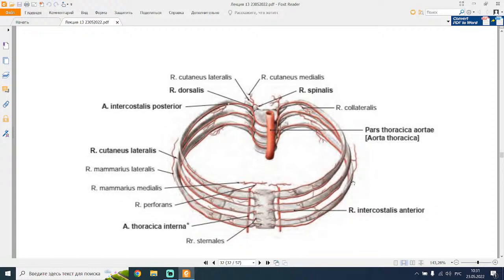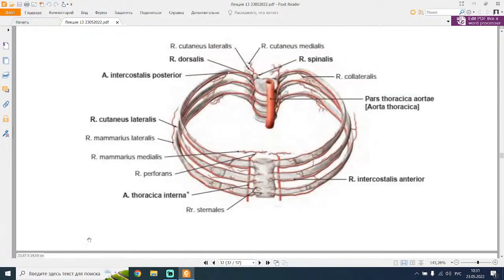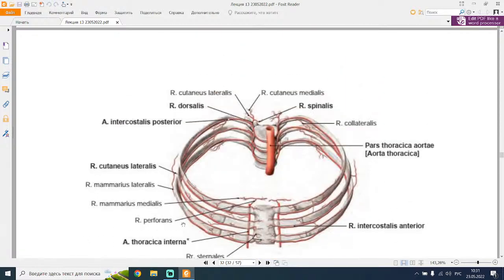This connects to form anastomosis between aorta and arteria thoracica interna. Arteria thoracica interna is a branch of arteria subclavia.